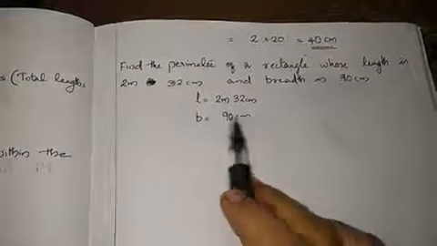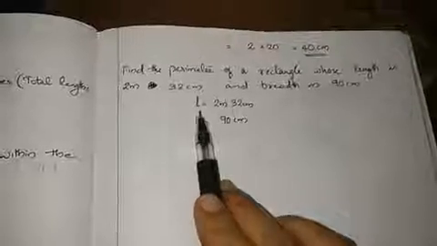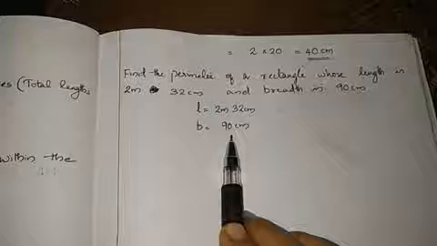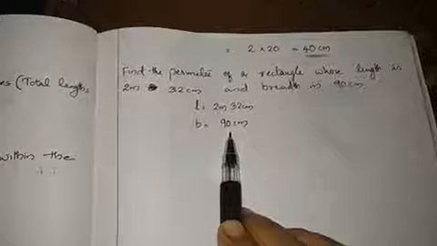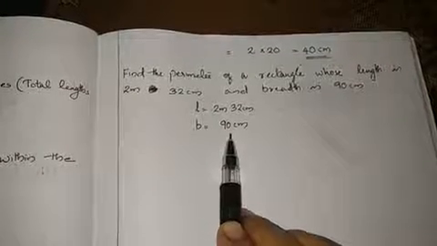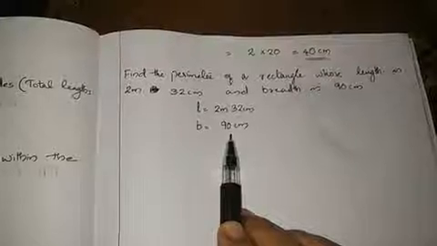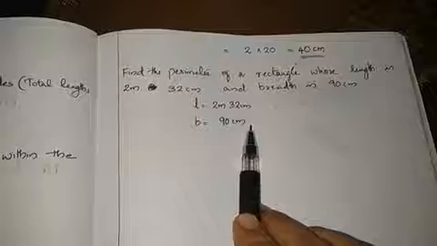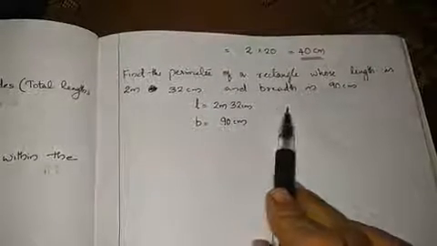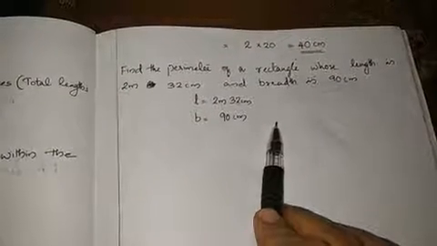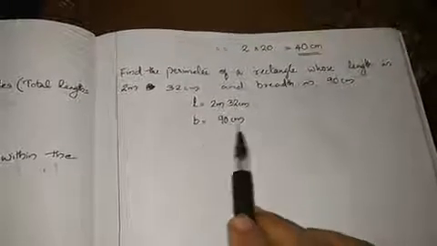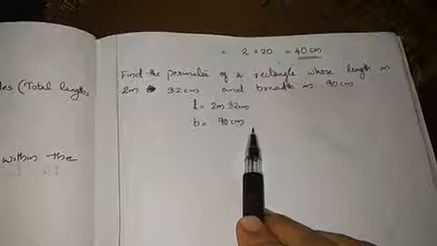Here when you check length and breadth, you can see that length is in meters and breadth is in centimeter. So while you are solving perimeter, area and all, we should convert the units in the same unit. If length is in meter, breadth also should be in meter. If length is in centimeter, breadth also should be in centimeter.